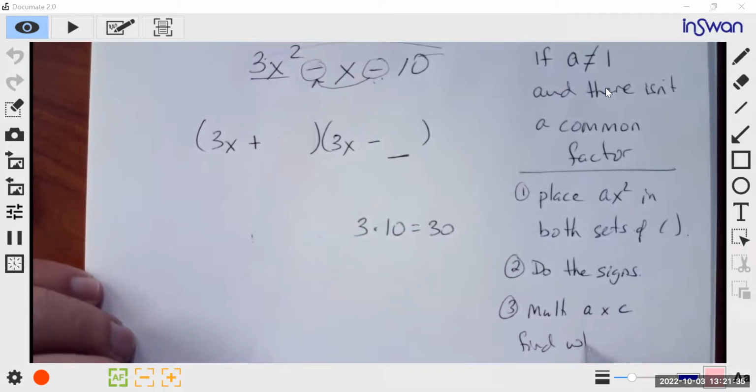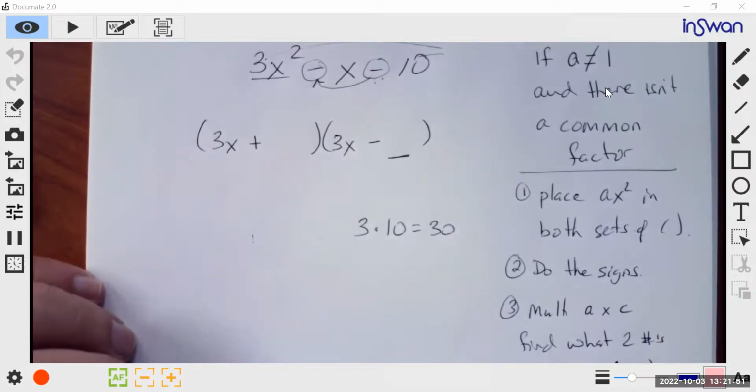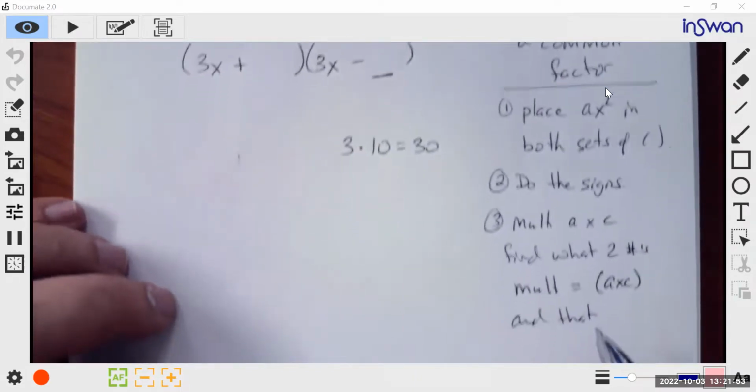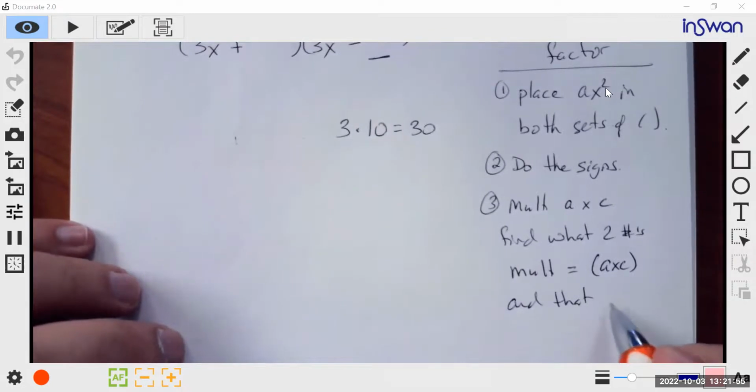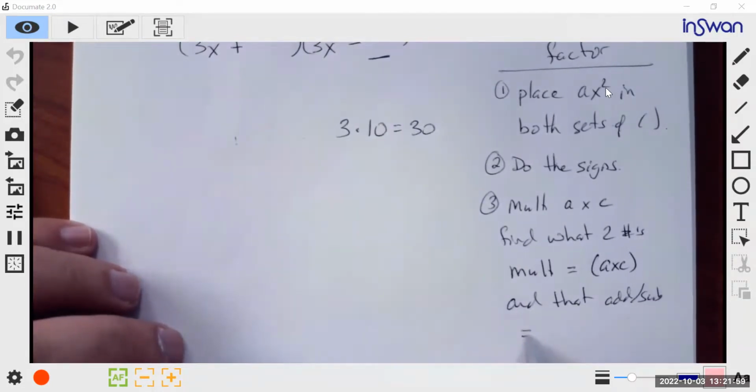Find what two numbers multiplied equal the product of A times C, and that add or subtract equal the middle number.